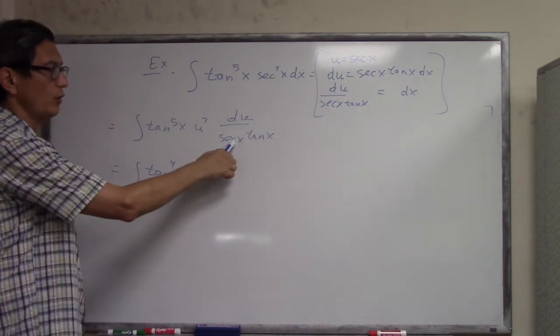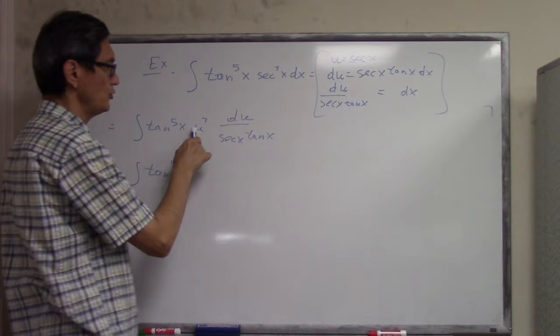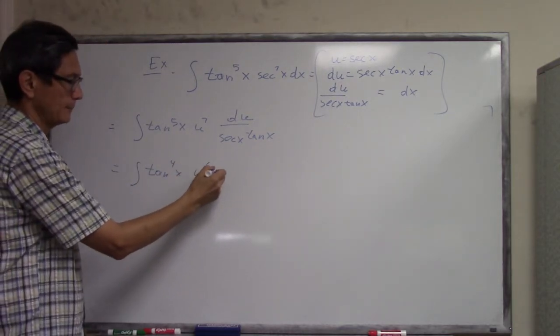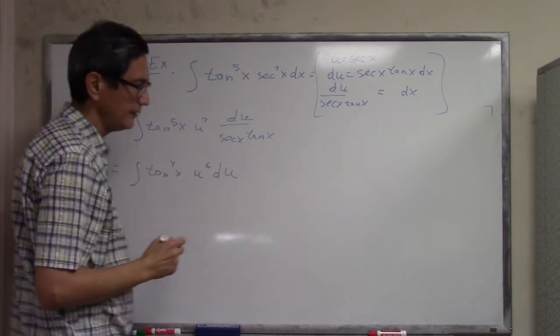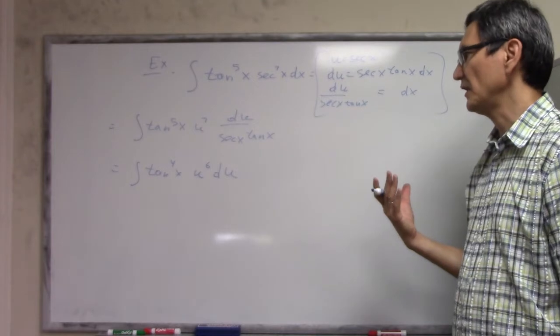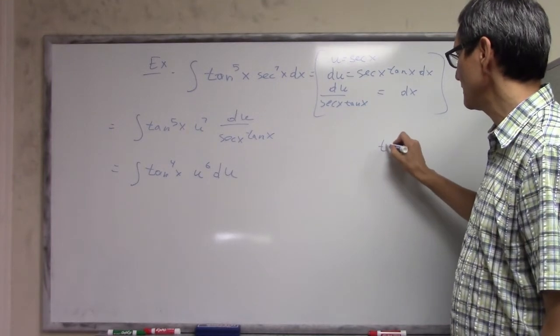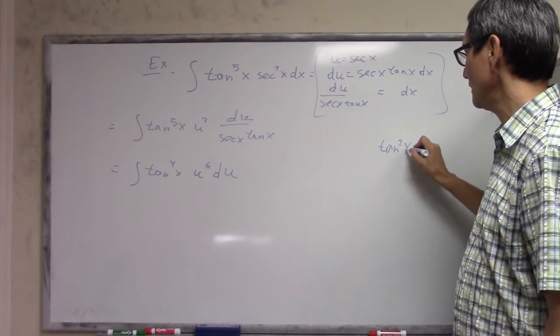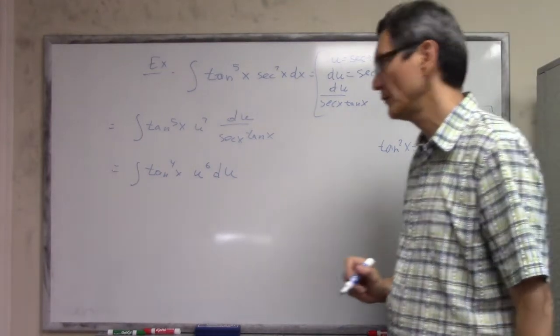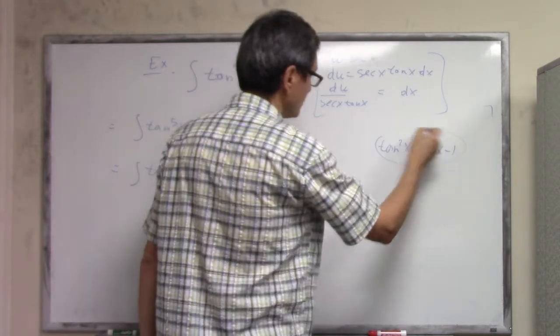U to the 7, you recall that secant is u, so u to the 7 over u is u to the 6. Right. Now recall the formula which relates secant and tangent, which says tangent squared equals secant squared minus 1. So that's a formula which you want to use.